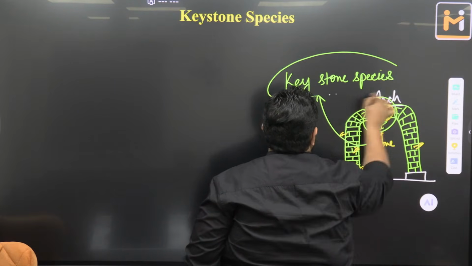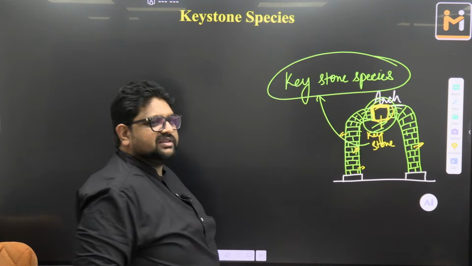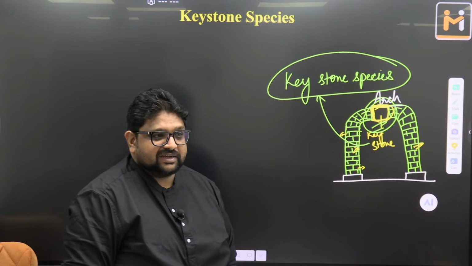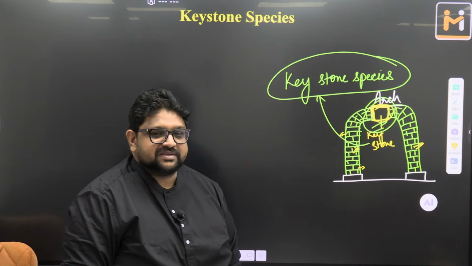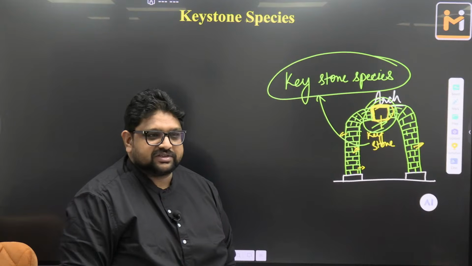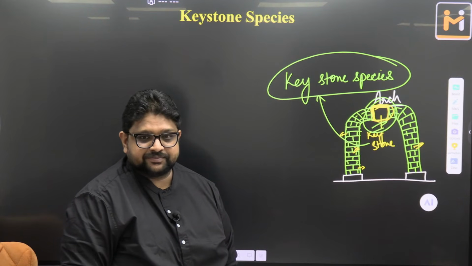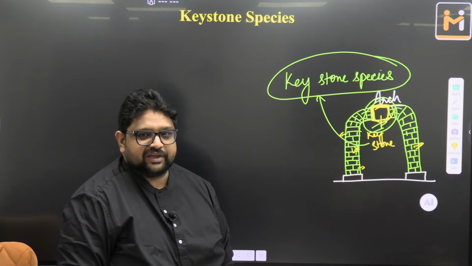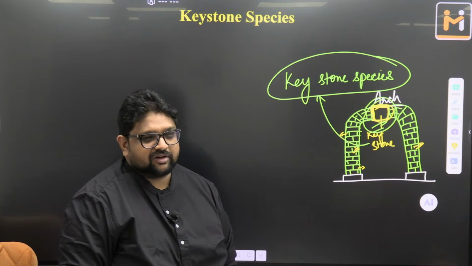They are not abundant or very large in number, but their absence in an ecosystem makes a huge difference, and their removal will lead to the entire collapse of the ecosystem. They are called keystone species.